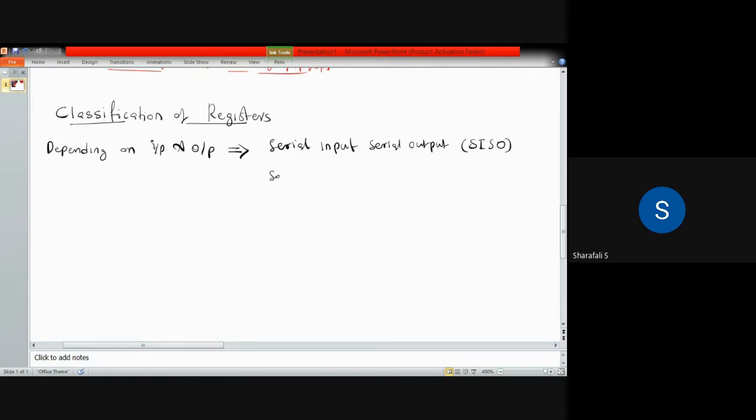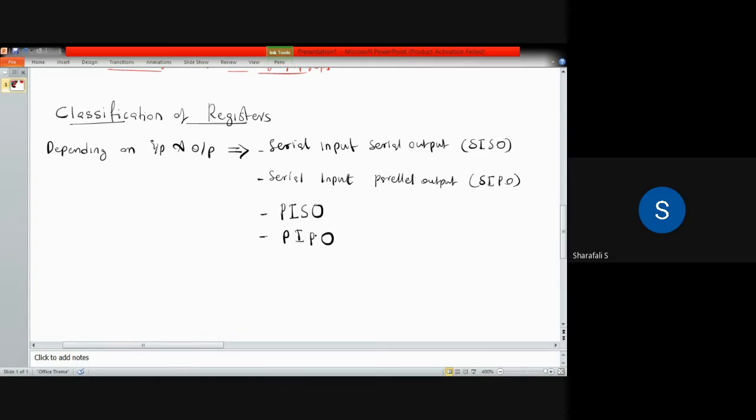Then we can have serial input, parallel output. I will write the other two in short form only. The next one is parallel input, serial output. The last one is parallel input, parallel output.